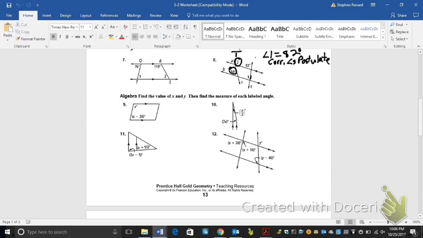Meaning that we're first going to have to realize that angle 2 is congruent to that angle I just marked, the one right next to the 58 degrees. And the reason for this is the corresponding angles postulate. We then know that the angle right next to 58 degrees plus the 58 degrees.